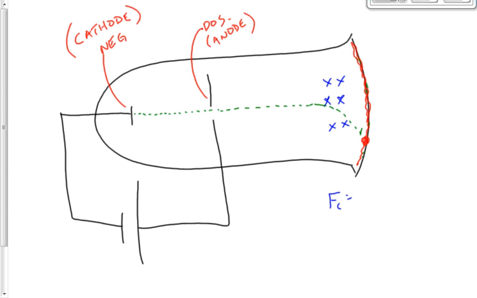Therefore, we can analyze the path of these mysterious negatively charged cathode rays by saying Fc is equal to Fm. That's what we did earlier in physics 30, right? So Thomson said mv squared over r equals qvb. One of the v's cancels, and we're left with mv over r equals qB.